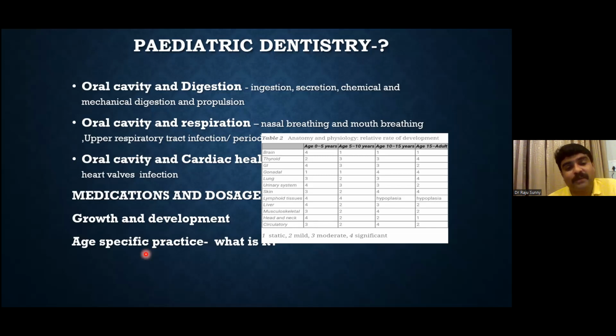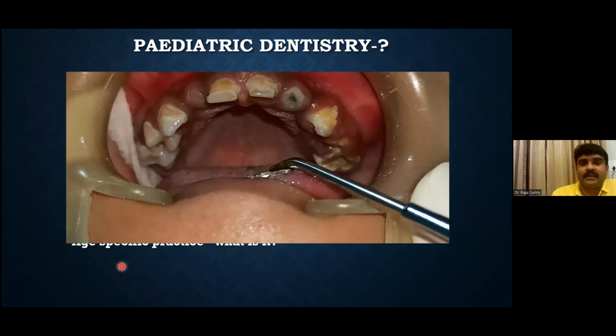But in pediatric dentistry, rather than disease, it is by the age. You look into the age of the patient, and then you see whether at that particular age that treatment is required, or what other options of treatment are required. That is why it is called an age-defined specialty.